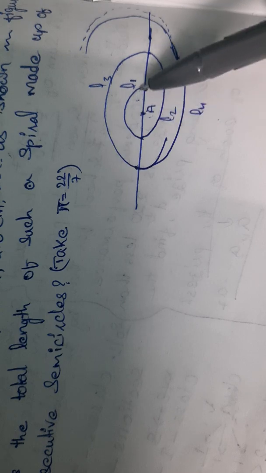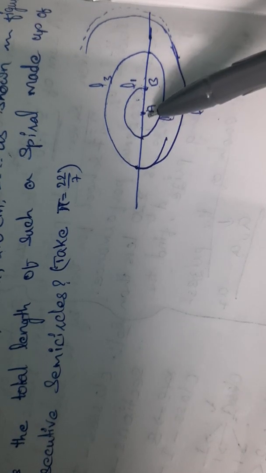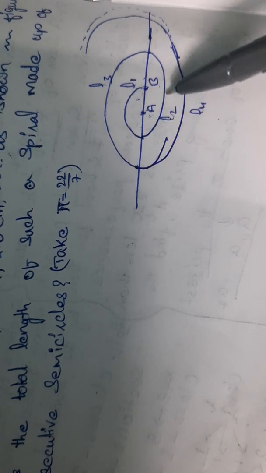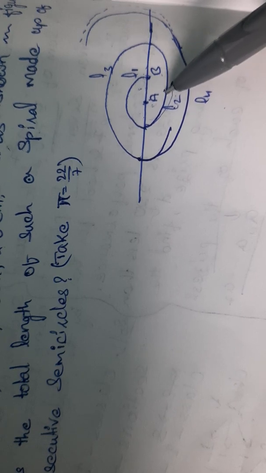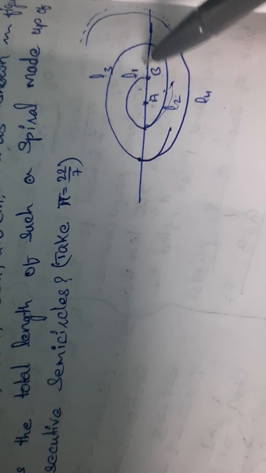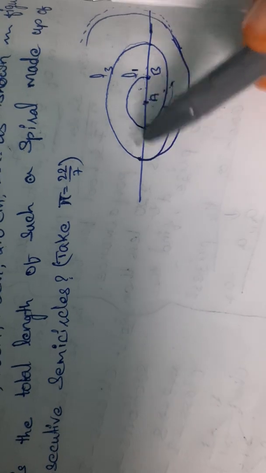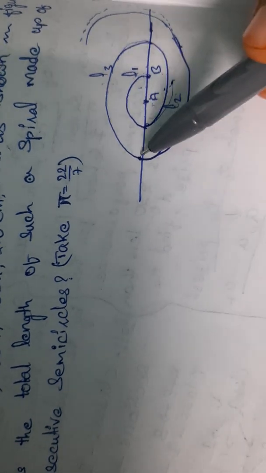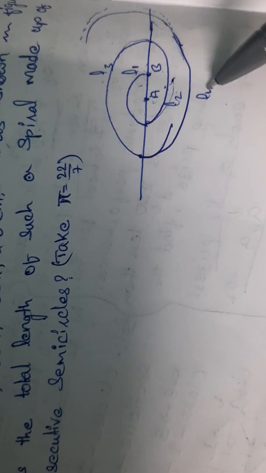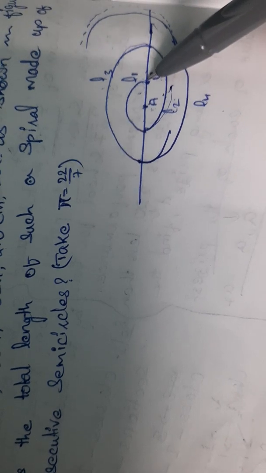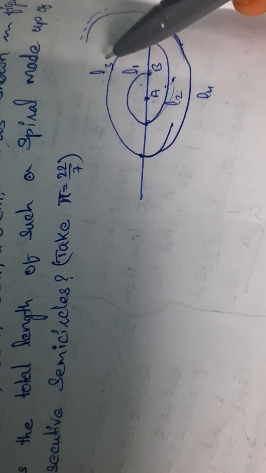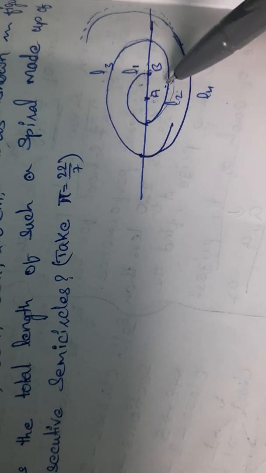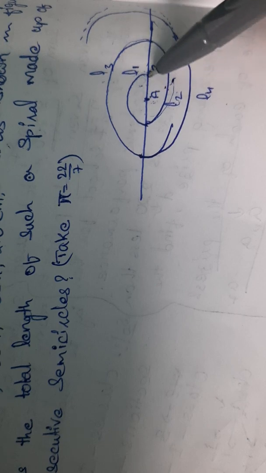Alternate means L1 is one semicircle whose center is A, and this is L2, whose center is B, and this is the L3 semicircle whose center is again A, and L4 is the semicircle whose center is again B, right? So in that way, if you go on drawing the semicircles, 13 semicircles, we get alternate centers.